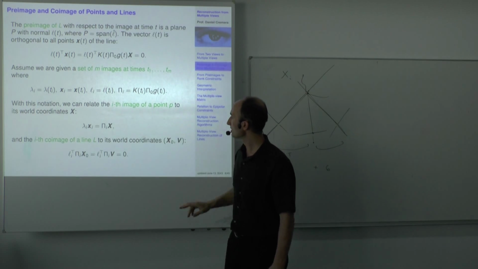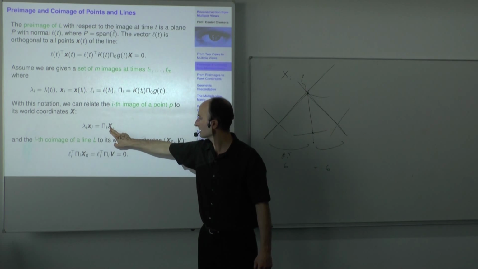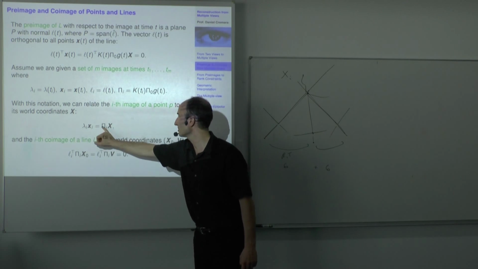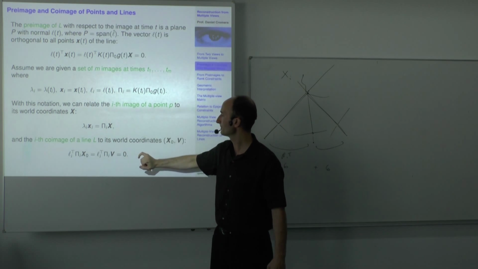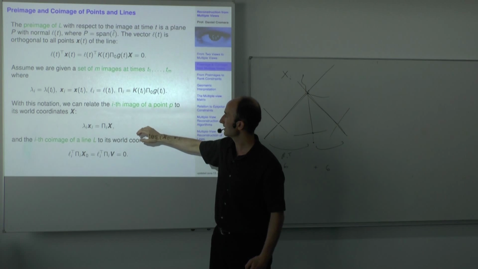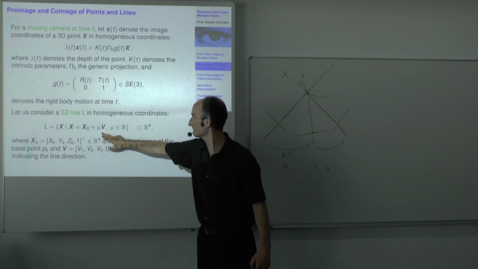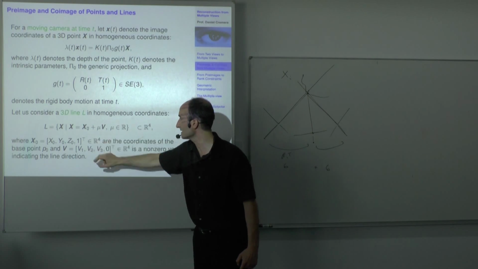Why is that? Because for any point X on the line, this Li transpose times this is 0, and then I can select mu equals 0. Mu equals 0 gives me the base point on the line, x0.